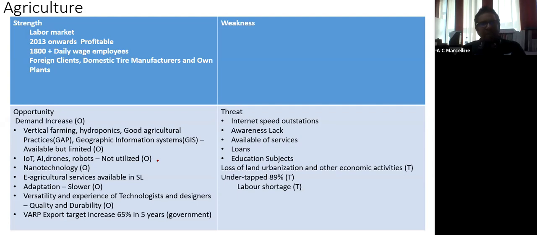So all these aspects would have an opportunity for us in the agricultural sector to work things out. The demand is also continuously increasing, and there are a few threats on the other side, where the internet is not available, the lack of awareness about usage, non-availability of services, and so forth. So you have the other perspective also.